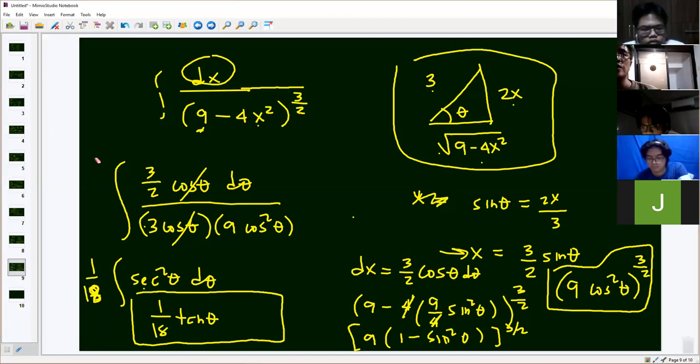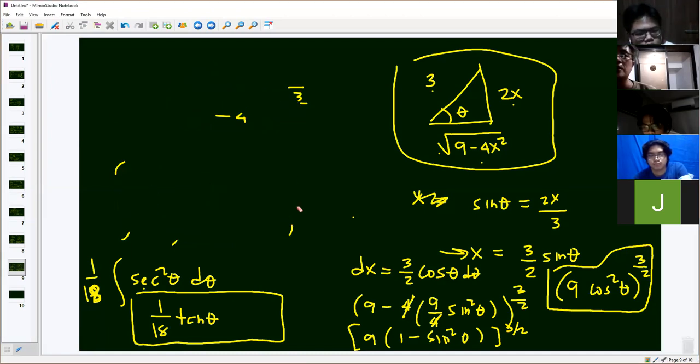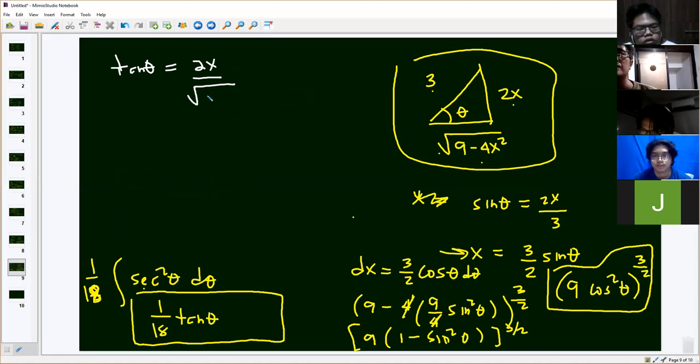So, saan natin kukunin? E di, dun sa triangle pa rin, guys. Look at the triangle. Para may distinction, I'll put it in white. From the triangle, look at the triangle, guys. What is tangent? Opposite over adjacent. Do you agree? O, di papalitan mo lang yan. Di 1 over 18 times 2x over square root of 9 minus 4x squared.